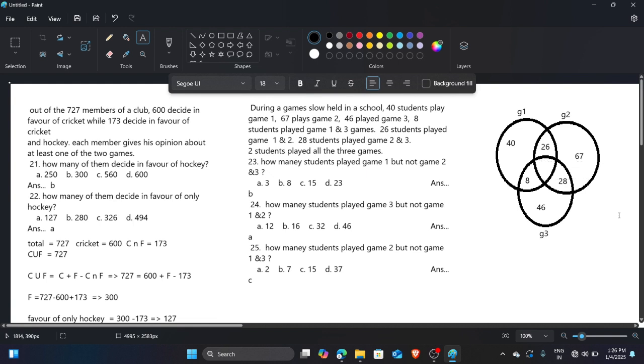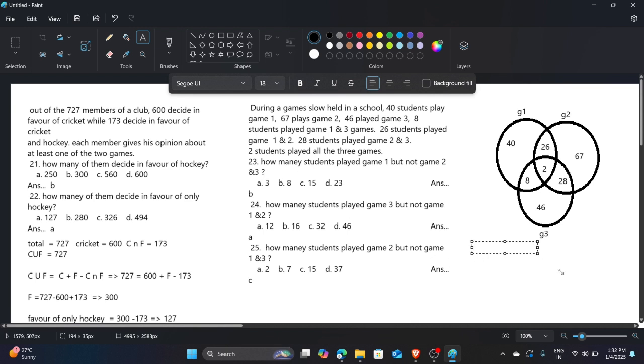So from this diagram you can easily say how the distribution of students happens. How many students played game 1 but not games 2 and 3?